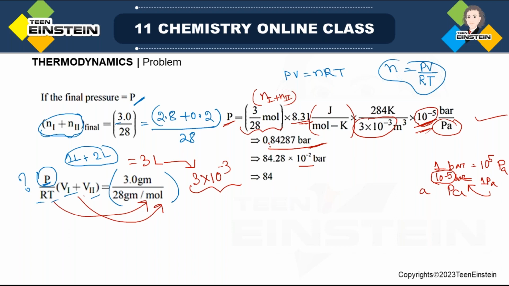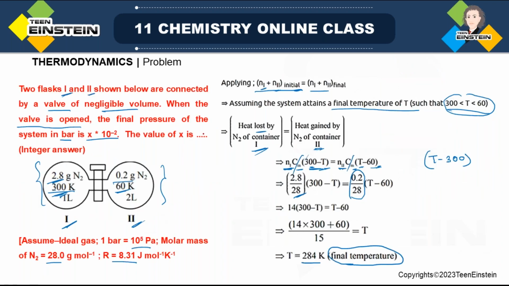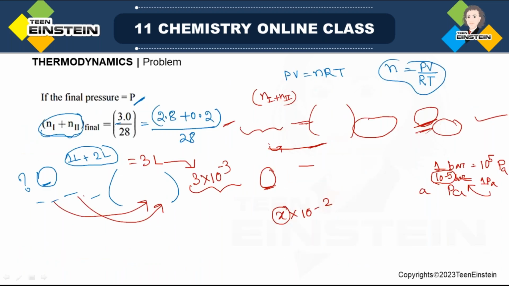So that is why the decimal we are shifting to the right hand side. Now it is 84.28. Nearest integer 84. So this is the format x into 10 to the power minus 2. We just need this quantity. So that is why the answer is 84.